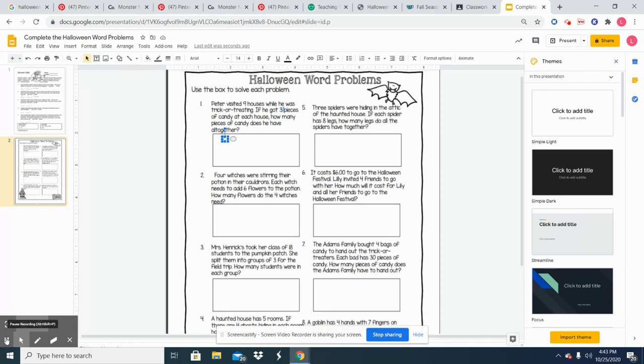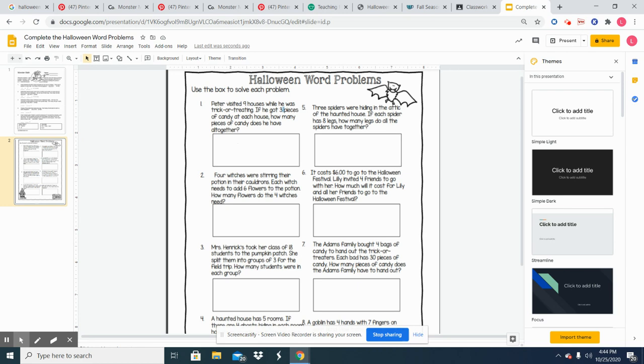It's asking us how many we have altogether. If you have a piece of paper in front of you, you could draw 3 rows of 9 and then just count all the circles.